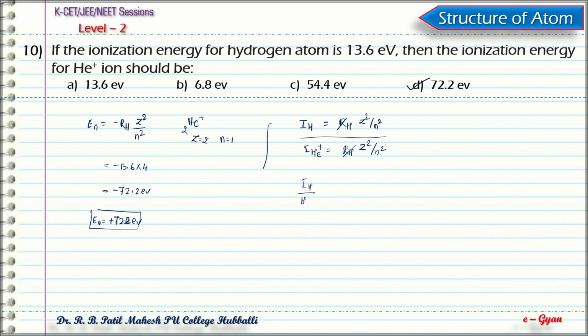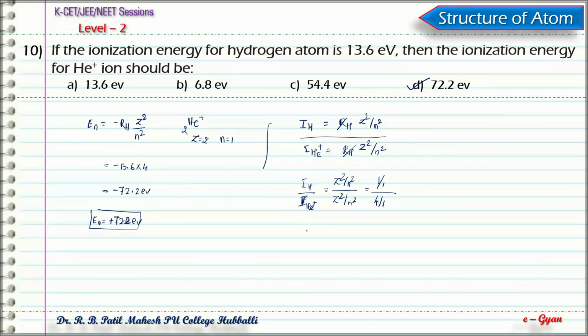Ionization energy of hydrogen divided by ionization energy of helium ion, which is equal to Z square divided by N square divided by Z square divided by N square. For hydrogen atom, Z is equal to 1, 1 square is 1 divided by hydrogen is having orbit 1, N equal to 1, 1 square is 1 divided by, for helium Z equal to 2, 2 square is 4 divided by He plus, means it is N equal to 1, 1 square is 1.